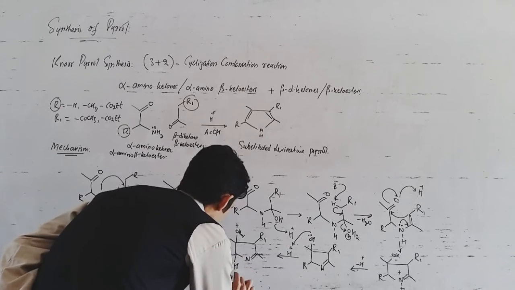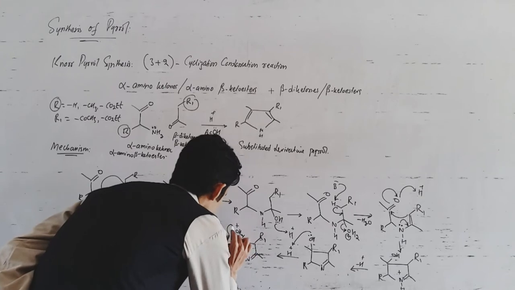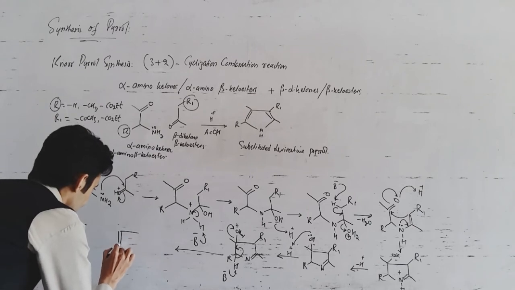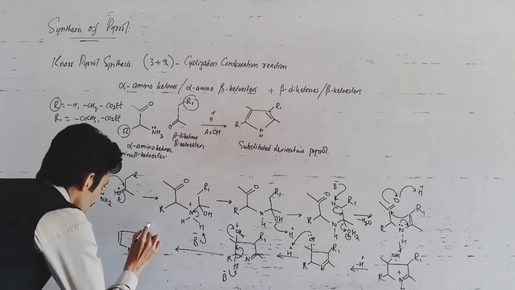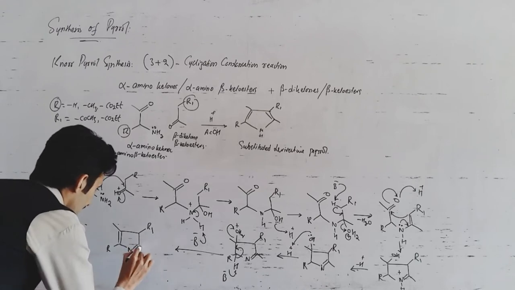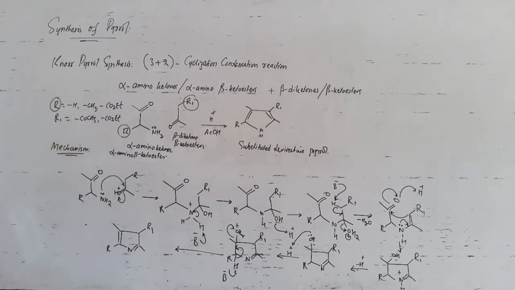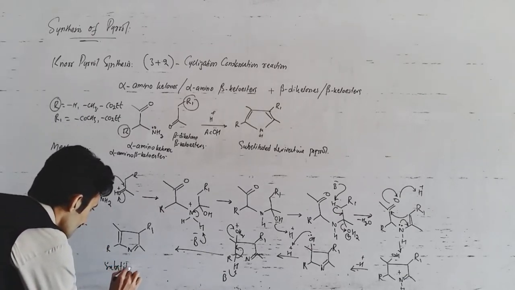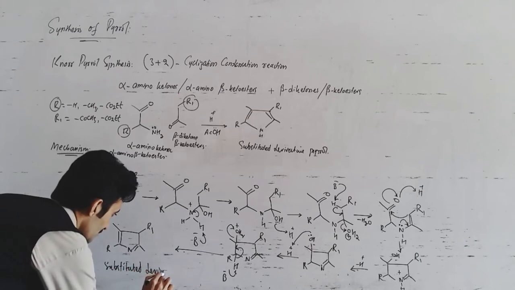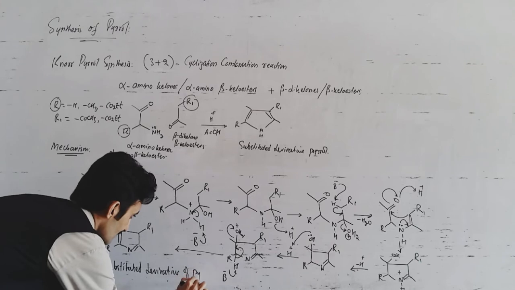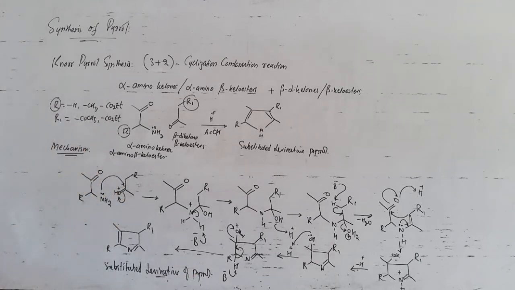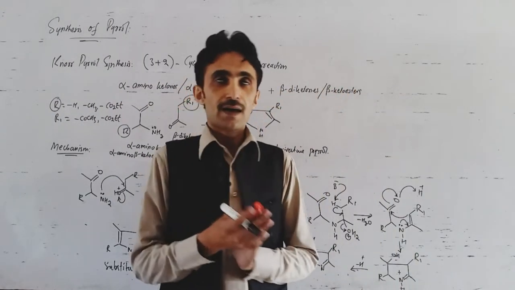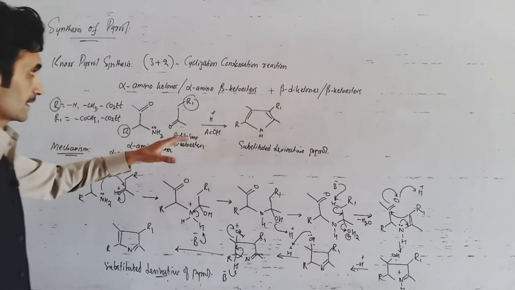The base again will abstract this hydrogen, will shift in this direction while expelling the water molecule, and we will get yet another double bond at this position: R1, R, methyl and methyl. In this way we will reach the target molecule, which is a substituted derivative of pyrrole. So, let us focus again on the mechanism for realizing the important steps which are transforming the beta diketone or the condensation into product.